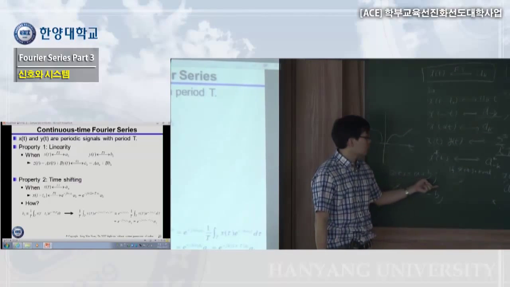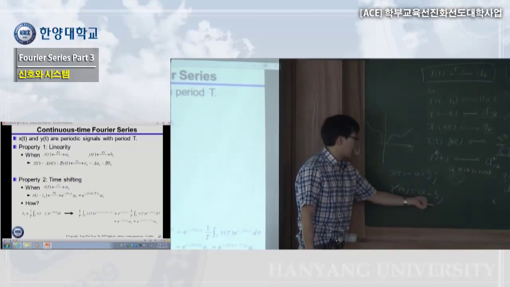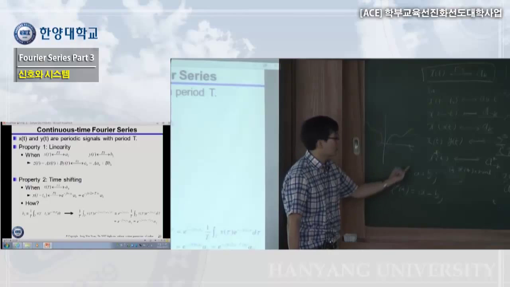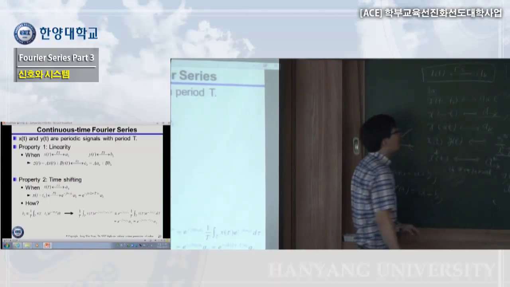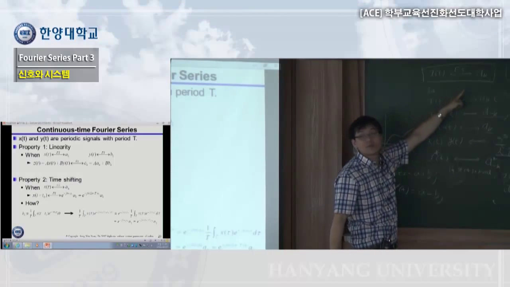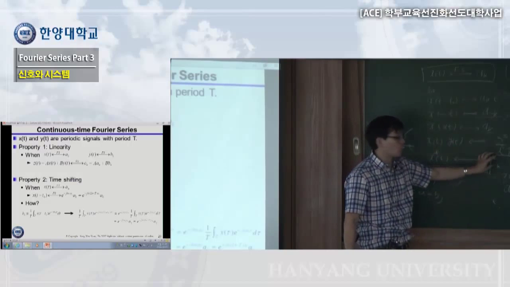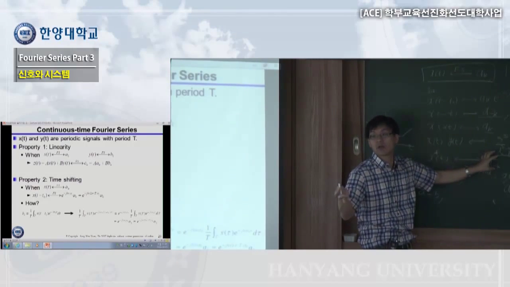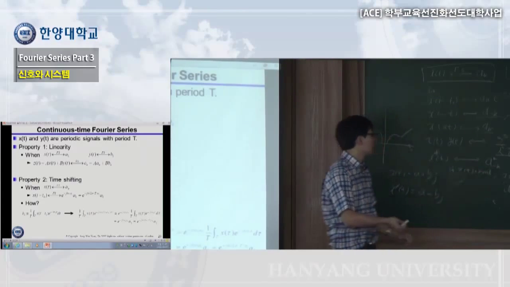If you already know the Fourier series coefficient of xt, and you want to find the Fourier series coefficient of x conjugate, there will be star minus k of the Fourier series coefficient of xt. That's a property. We already derived why this looks like this in the beginning of the lecture. When you derive the Fourier series coefficient, we already derived that. It will look like this.